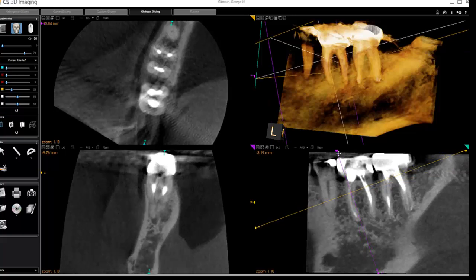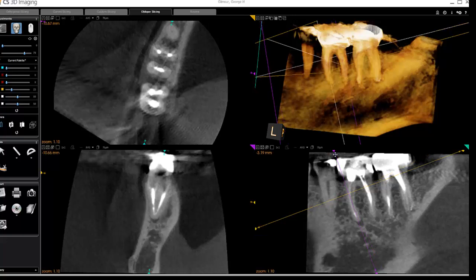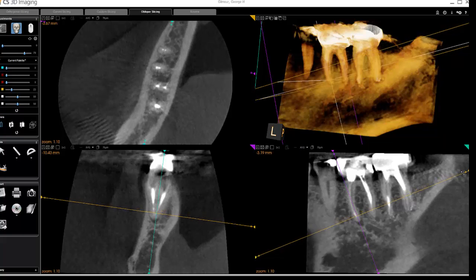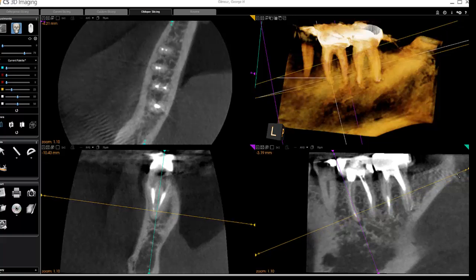Okay, so let's go and approach the mesial root just like we did on the second molar. Right away you can see there's periapical radiolucency on this tooth. Okay, let's line it up. You can see it's a small radiolucency. I would have to say that the canals are definitely a little weaker.